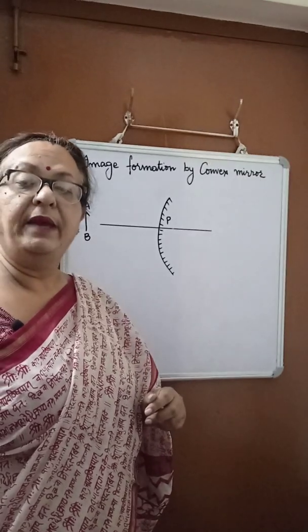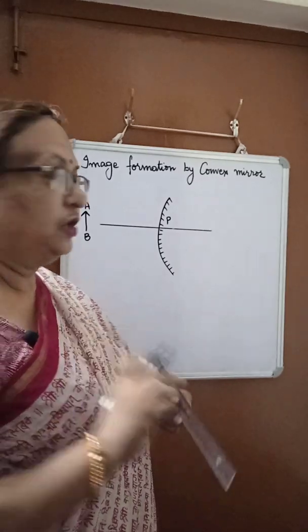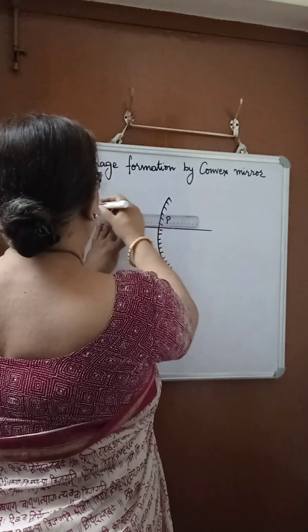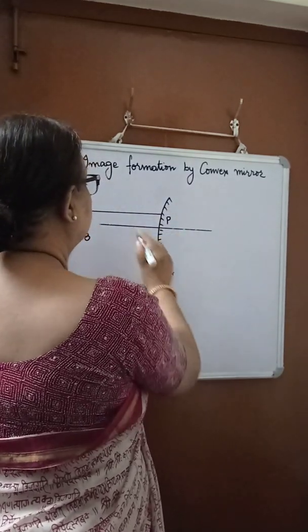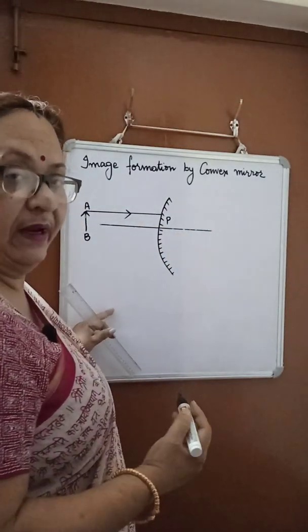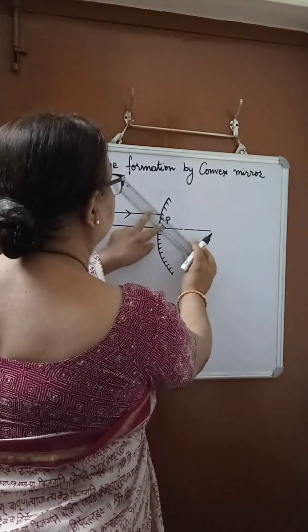And then what type of rays do we consider? We consider rays which are parallel to the principal axis. So we have this ray. This is parallel to the principal axis. When it falls on the mirror, it gets reflected. Reflected in which direction? In this direction.